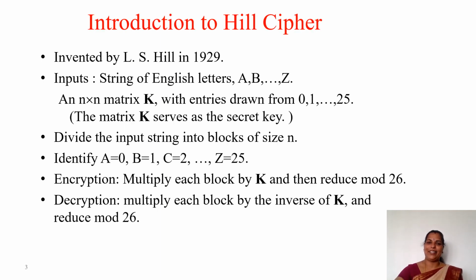So, Hill cipher. This Hill cipher was invented by L.S. Hill in the year 1929. See how old this Hill cipher is, but now also we are learning it. The name of this cipher is given from the name of the inventor.